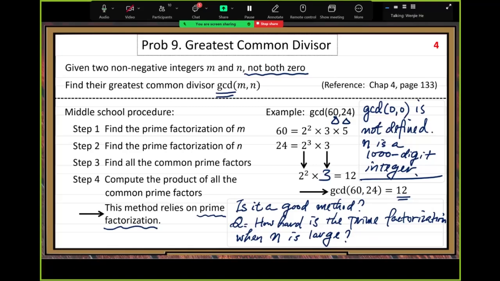If you use a computer to do it, even a powerful computer, it is still extremely slow. How slow is it? Remember in our polynomial evaluation problem, we did a comparison between the brute force method and Horner's rule method.